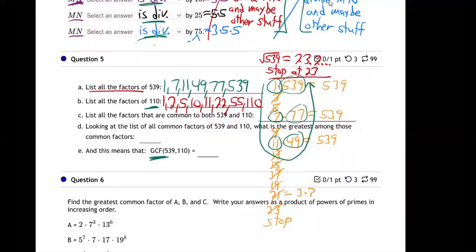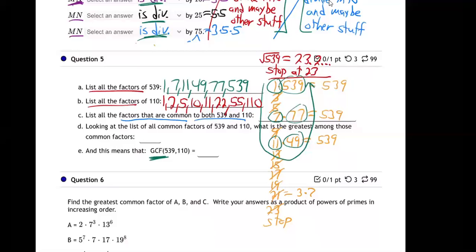So now we've got all the factors for 539 and 110. Now what we want to do, the next question, is to list the factors that are the common factors to both those numbers.